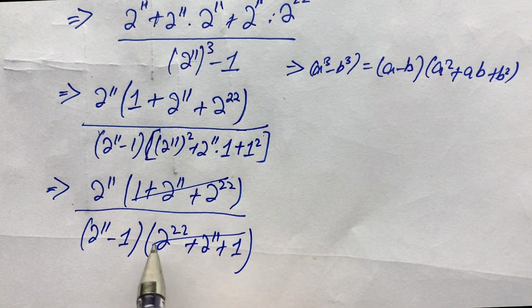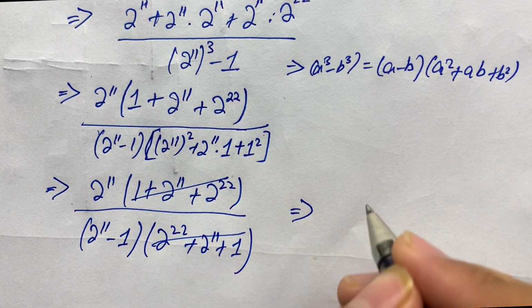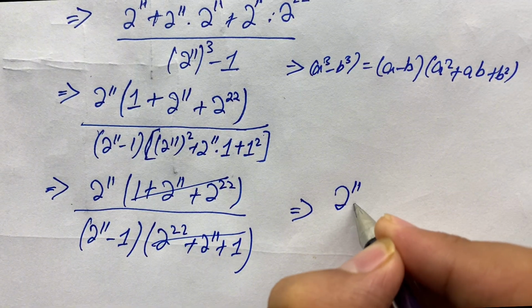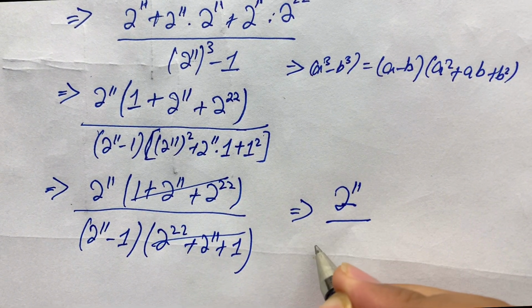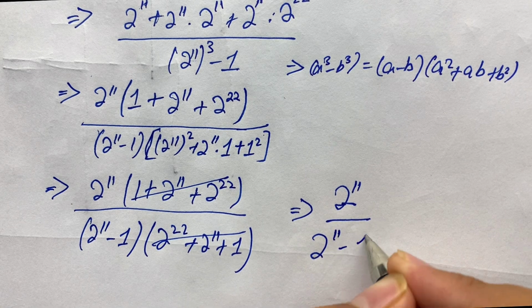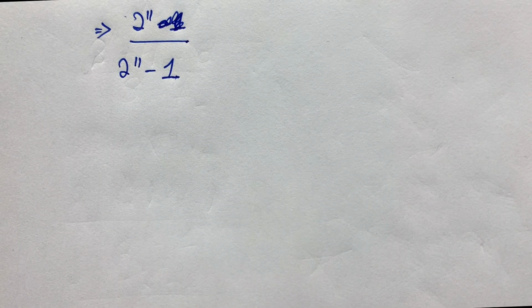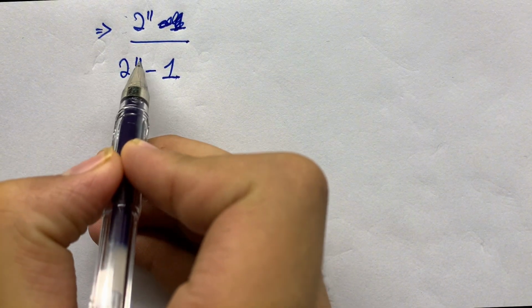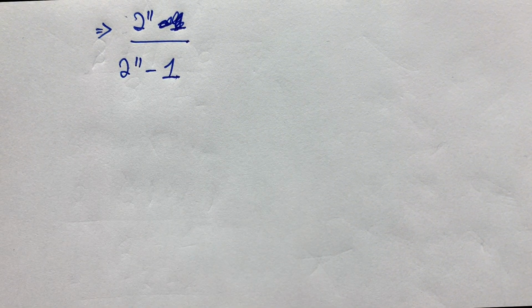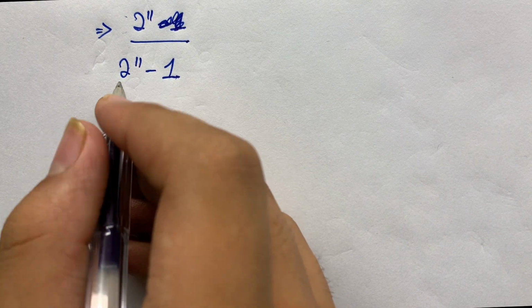This cancels with this, and what remains is 2^11 divided by 2^11 minus 1.